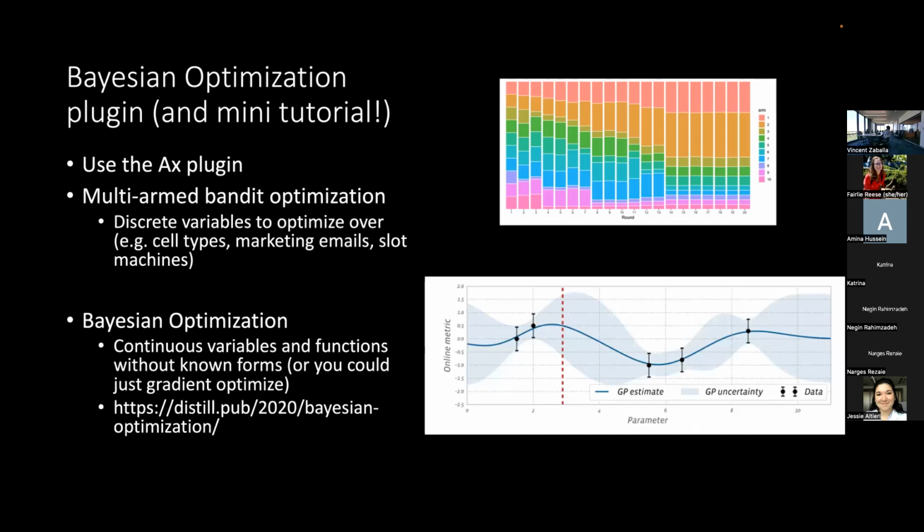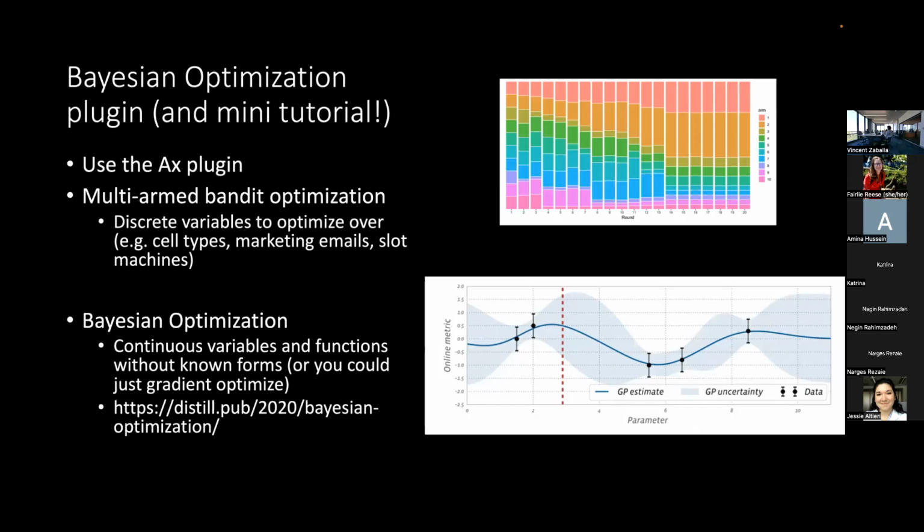This is just an example figure of what Bayesian optimization looks like. What you're seeing here is, for one parameter that's a continuous variable, you have these evaluations, where you try a certain value and it gives you a certain reward in a sense. Then you use a Gaussian process, which is why you get these error bands.